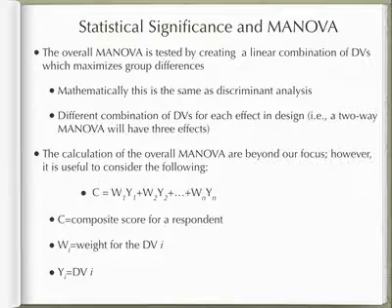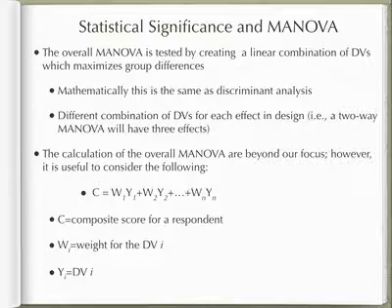Linear combination might not be terminology that you're familiar with, but if you think about a regression equation, which is something that you should be familiar with, where we have some weight, which would be like a b, for example, in a regression, and then some score, which would be an individual person's score on a particular variable, and so on, all the way out to however many dependent variables we have.